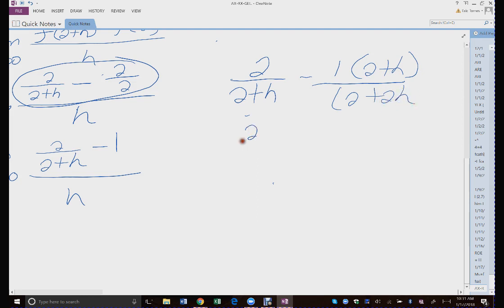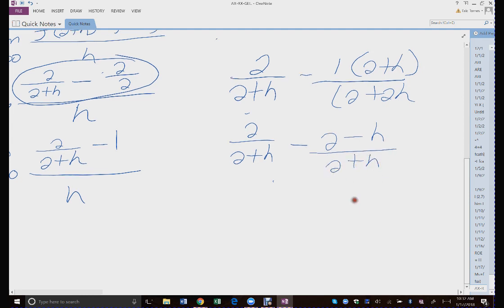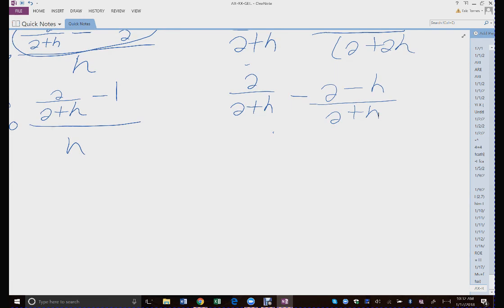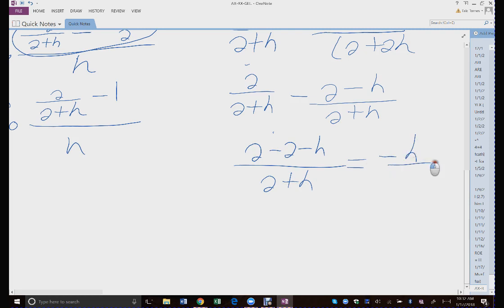So now I've got 2 over 2 plus h minus 2 minus h all over 2 plus h. So when I simplify this, I end up with 2 minus 2 minus h all over 2 plus h, or simply negative h over 2 plus h.